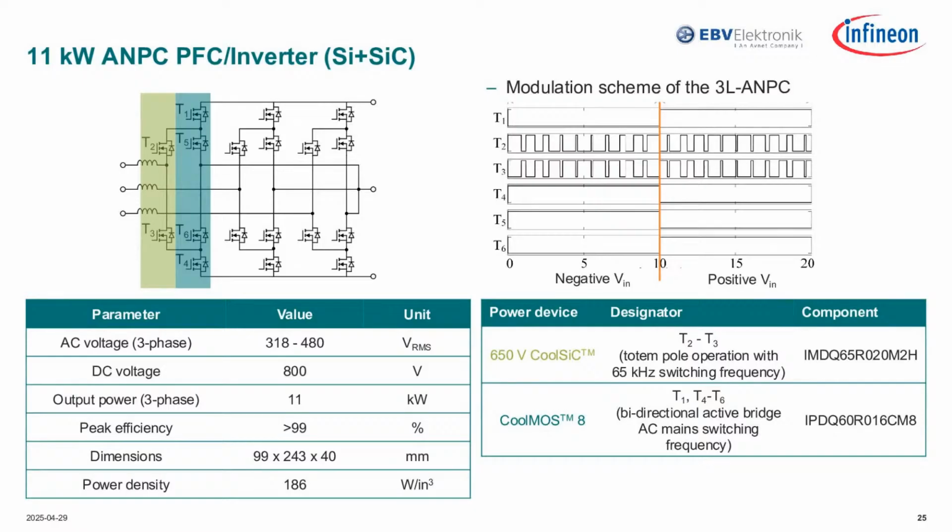And then you can see that we need to use silicon carbide MOS, because it is not only acting as a switch, but also acting as a diode in some cases. So that's why a really robust body diode is a must. And why silicon carbide is selected rather than GaN is because of the 65 kilohertz switching frequency.